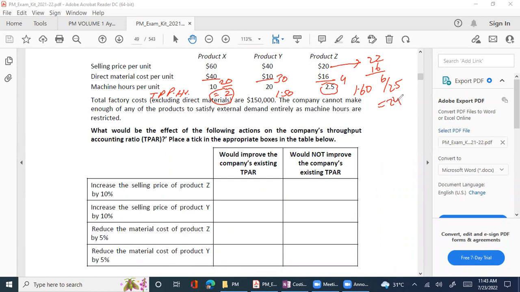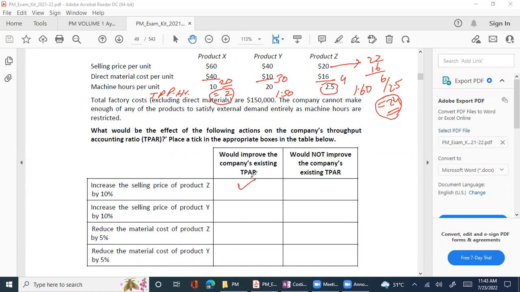This will be 2.4. It means that now we will be switching to Z because products are mutually exclusive. In the original scenario, we will be preferring X. But if there is an increase in price, the revised throughput per hour is 2.4, and now our decision will be shifted.